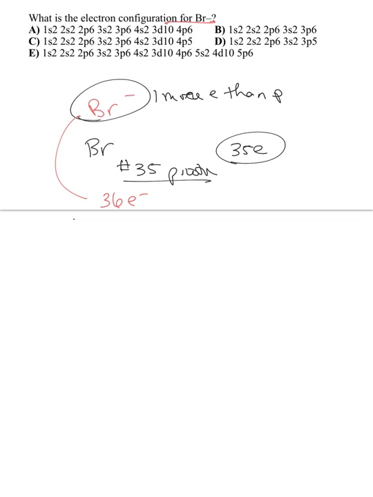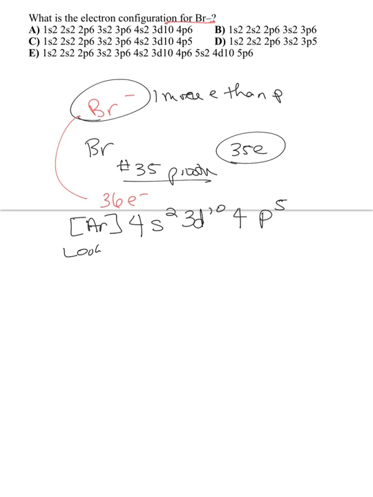You can go to the noble gas before bromide, so that's argon, and then you count 1, 2, 3, 4. Bromide is in the 4th, so 4s2, and then you have your transition metals. I'm looking at the periodic table, 3d10, and then 4p5.